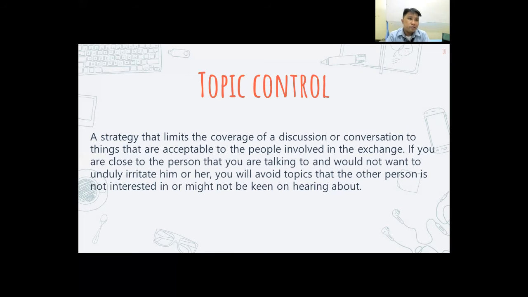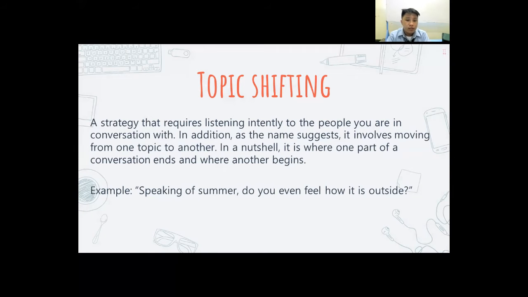When we are talking about topic control, we also have what we call topic shifting. Topic shifting is, as the name suggests, shifting the topic. For example, speaking of summer, do you even feel how it is outside? There is a connection from one topic to another, but they aren't really related to each other.